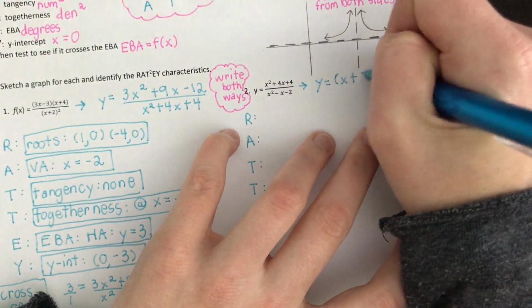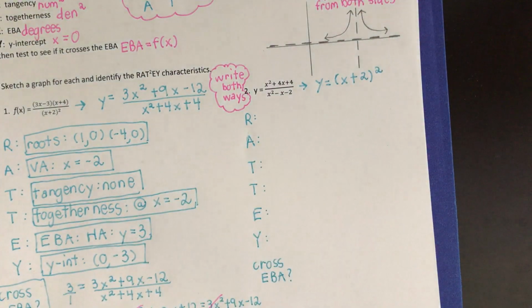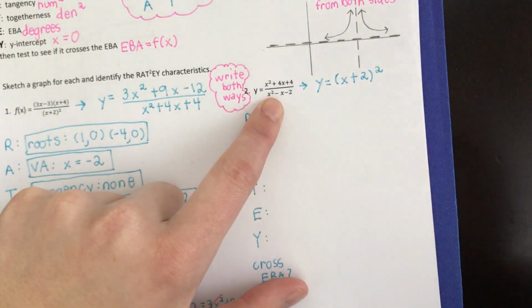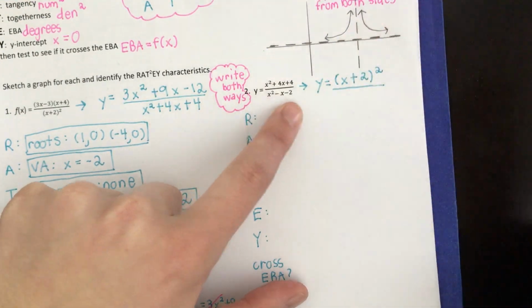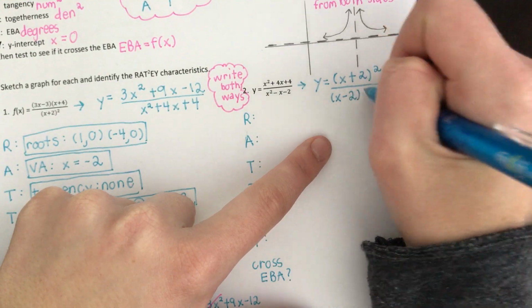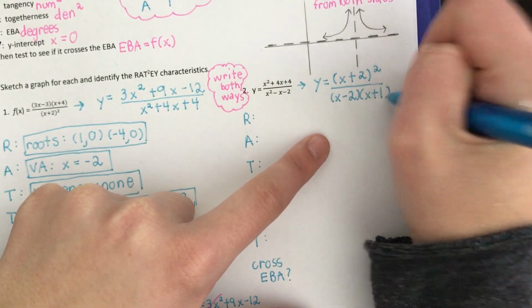So we're going to have x plus 2 squared on top, and then in the bottom you've got values that multiply to -2 but add to -1.